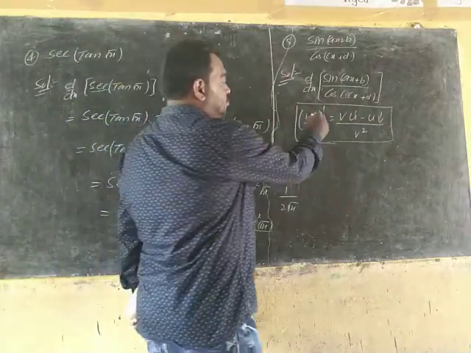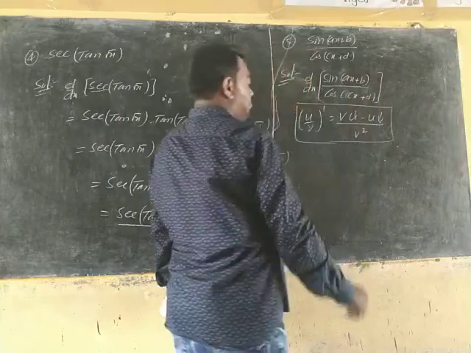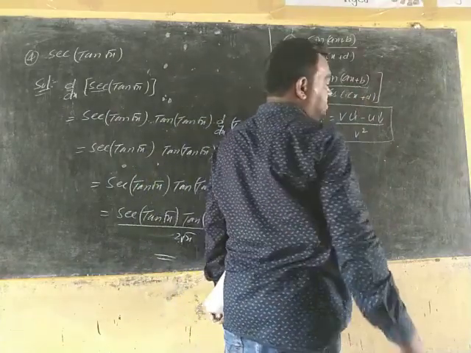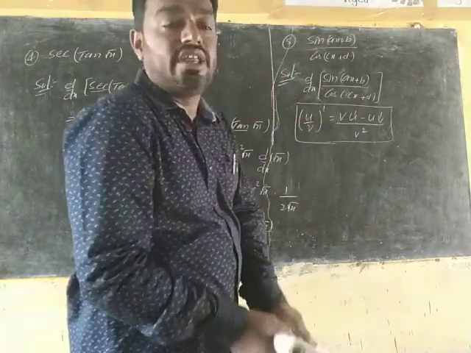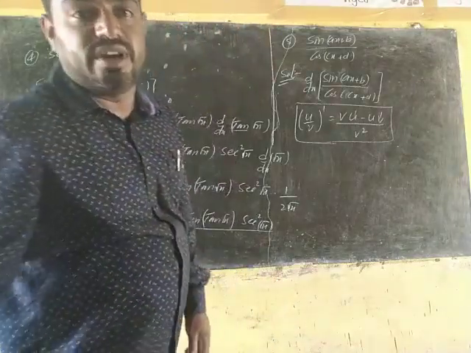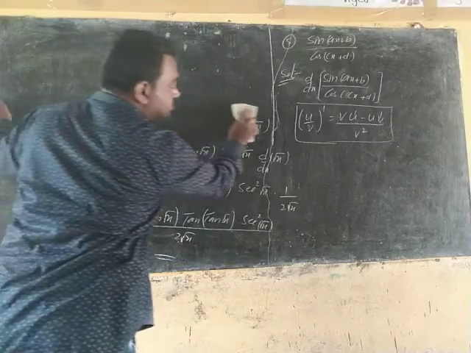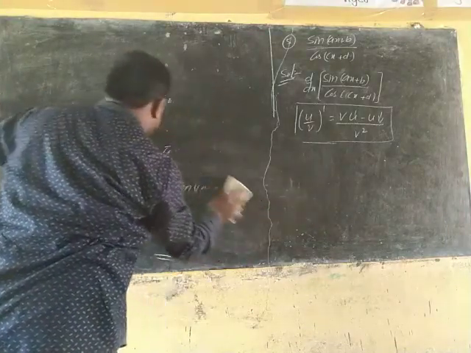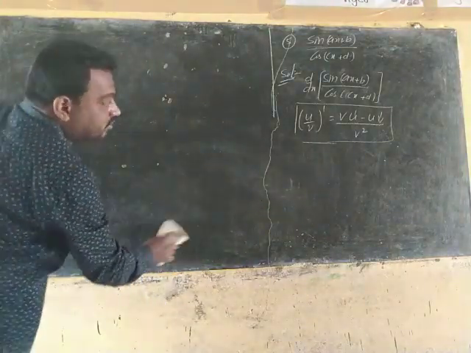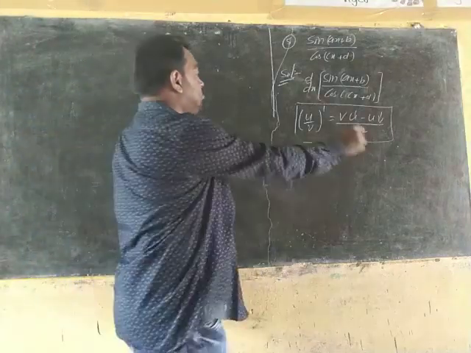In place of u, sine of ax plus b. In place of v, cos of cx plus d. u dash is nothing but derivative. You apply now.